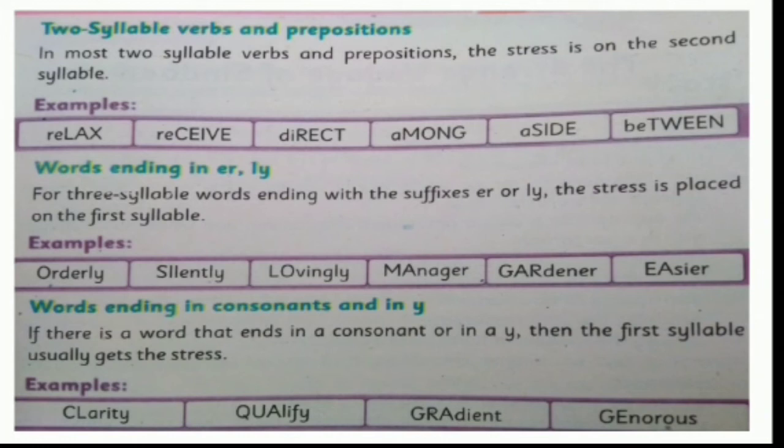The only case in which we have to put stress on the second one is when we have two syllable verbs and prepositions, then the stress will be placed on the second syllable, right.